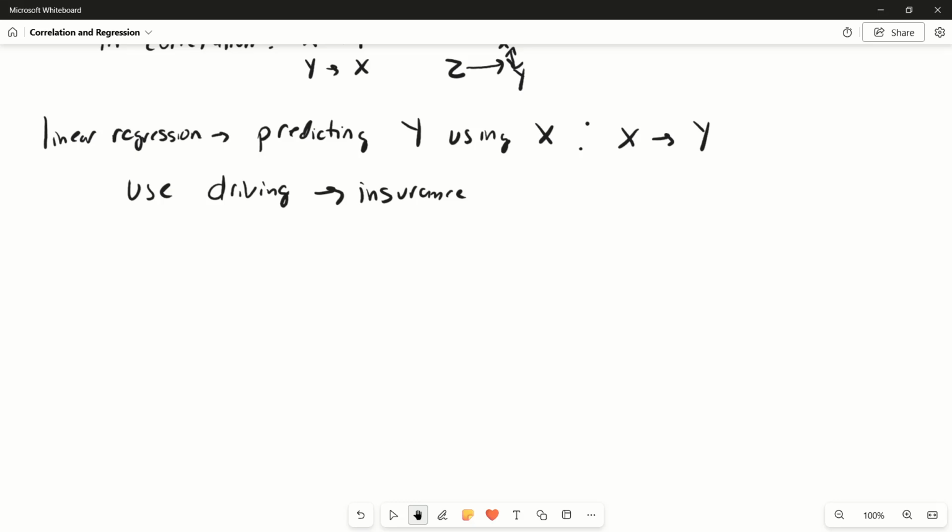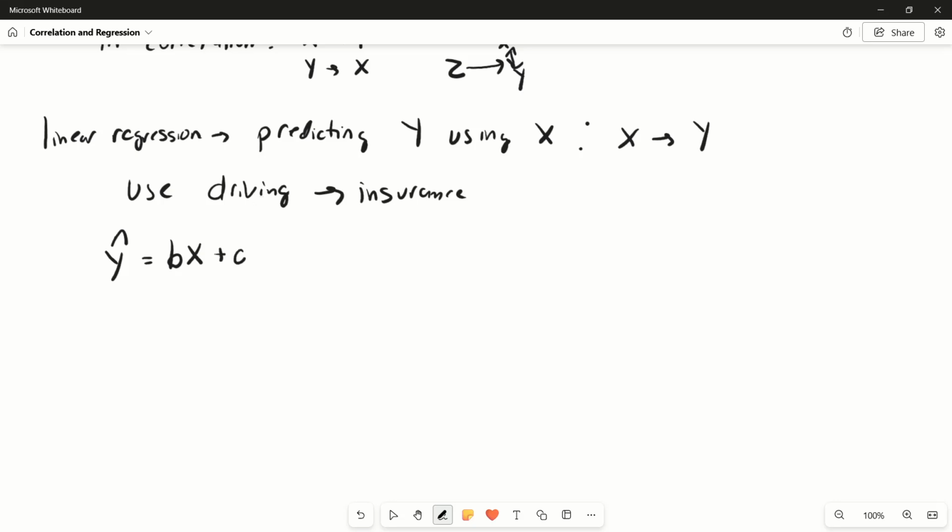So to calculate the linear regression, we're going to map out a straight line here using driving to predict insurance with a straight line. So first thing we've got to do is calculate the equation of the regression line, which is y hat, the predicted y value, equal to the slope b times whatever the x value is. In this case, it's driving, so it's years driving, is this x value, right?